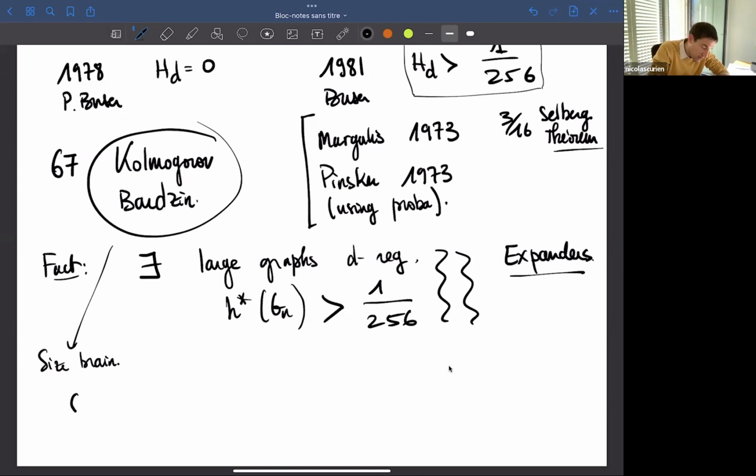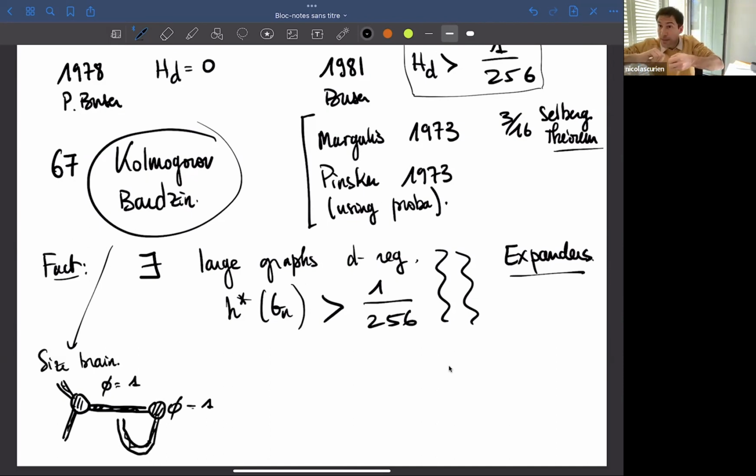Okay, so what is a brain? Let's say that a brain is made of cells which have diameter 1, whatever the unit, and they have edges which also have diameter 1. And they are 3-regular, let's say, to simplify, and they connect. And of course, these are real cells, meaning that two edges cannot overlap in 3-space, in R^3.